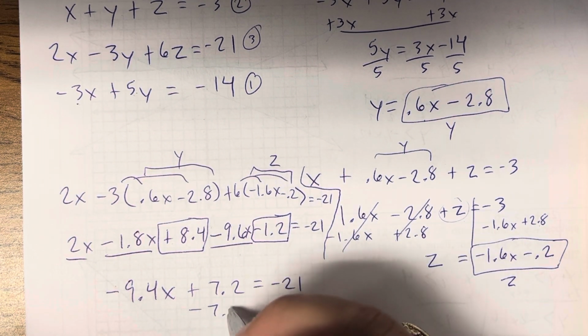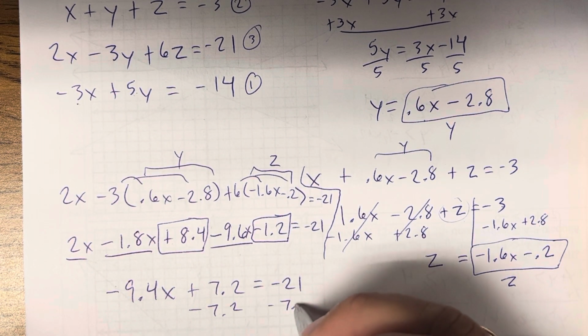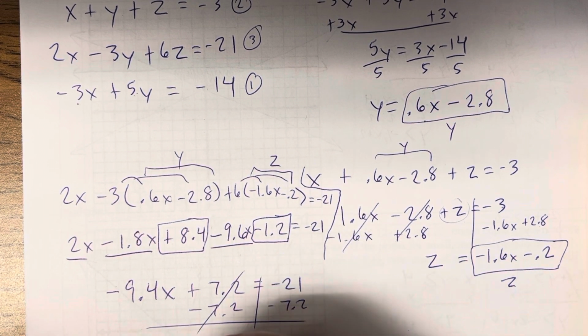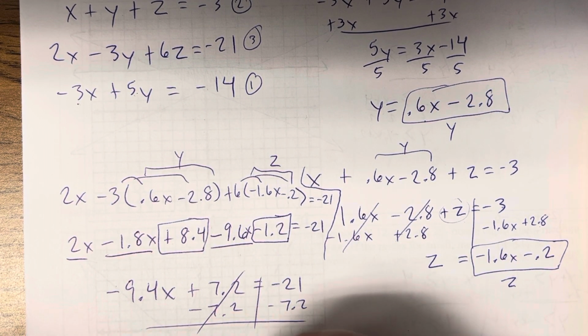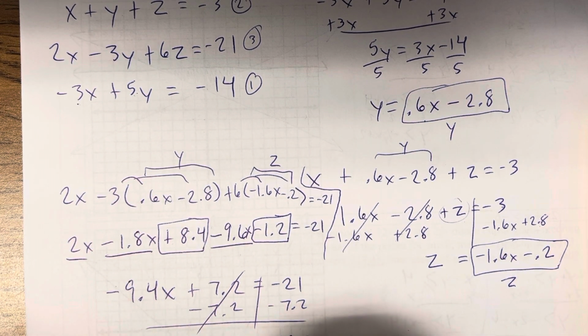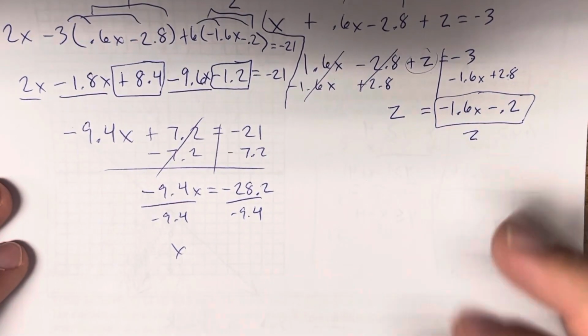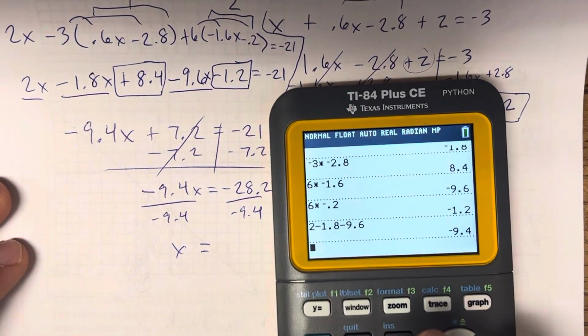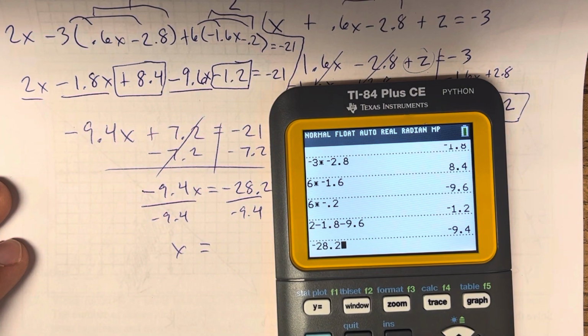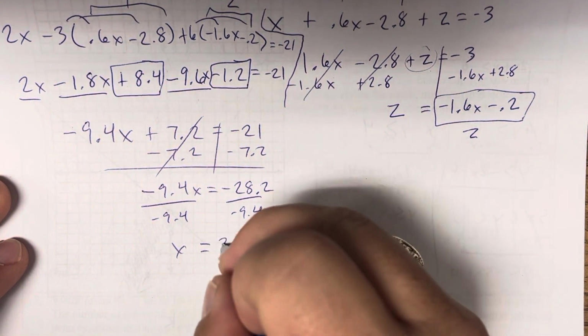We'll subtract the 7.2 over. So negative 9.4x is equal to negative 28.2, and then we'll divide by negative 9.4. And so x is equal to negative 28.2 divided by negative 9.4 gets me 3.